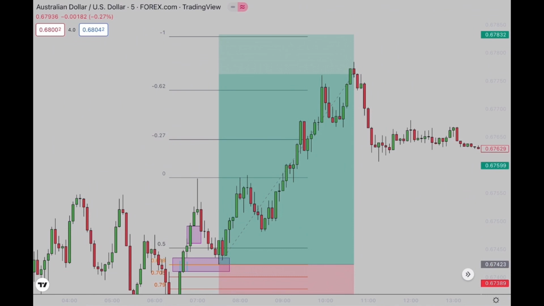But this is why we scale the profits, because sometimes it doesn't work out exactly how it is. And I'm not saying it always will go up to the -1 level. That's a huge range, and that's not going to happen every time.